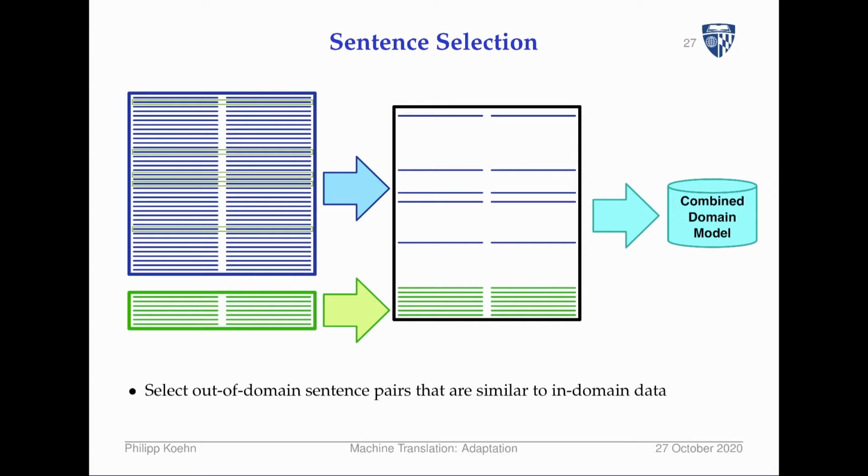So why don't we just subselect the sentences that are related to our in-domain data and only use those for training? So we throw away most of the out-of-domain data, maybe because we really have large amounts of it, and just pick out the sentences that are actually relevant for our particular translation task.